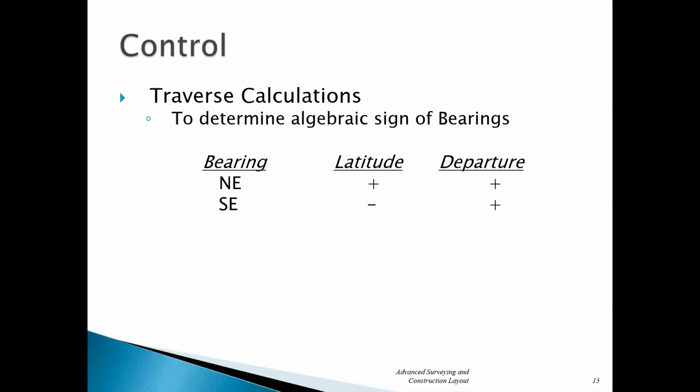For bearings of a northeast, remember north and south are your latitude directions, and east and west are your departure directions. So for a northeast, you have positive departure, positive latitude, and for southeast, you're negative latitude because you're traveling in a negative north direction, if you will. And then east is positive.